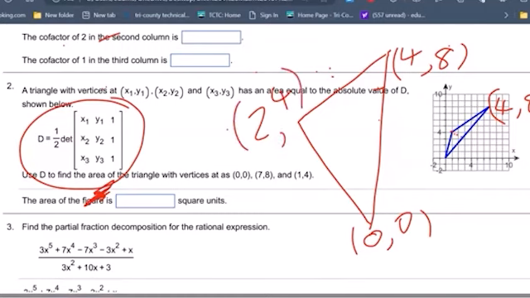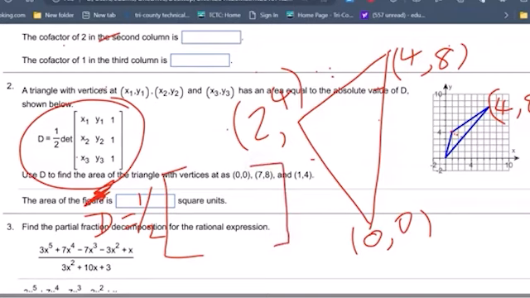All right. So they want you to make a 3 by 3 matrix out of these coordinates. So let's plug in. The determinant: 1/2 the determinant of that matrix is the area of the triangle. So I'm going to put in all the coordinates.